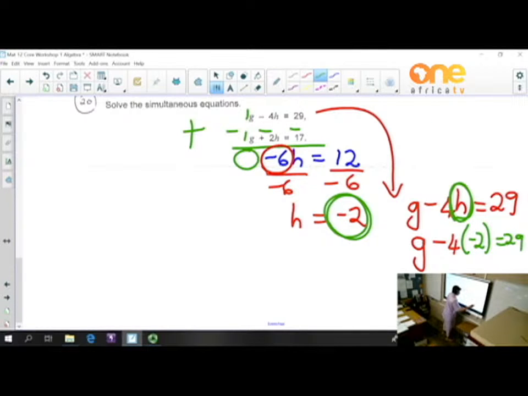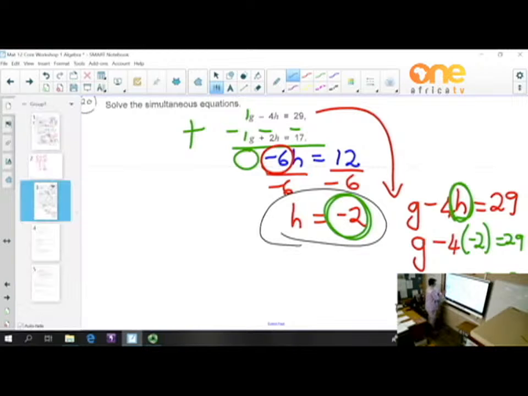So G is equal to, this gives me positive 8, but 29 minus 8 is then 21. So the answer is 21, and that is my two solutions. This one and this one. Don't forget to find that second one as well there.